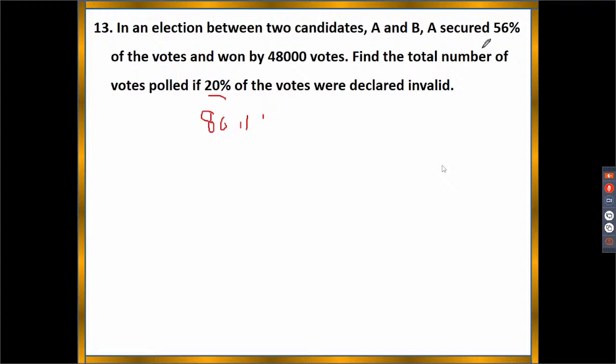But out of the valid votes, one person getting 56%, automatically the other person getting the remaining 44%. Always the percentage is calculated for every 100.